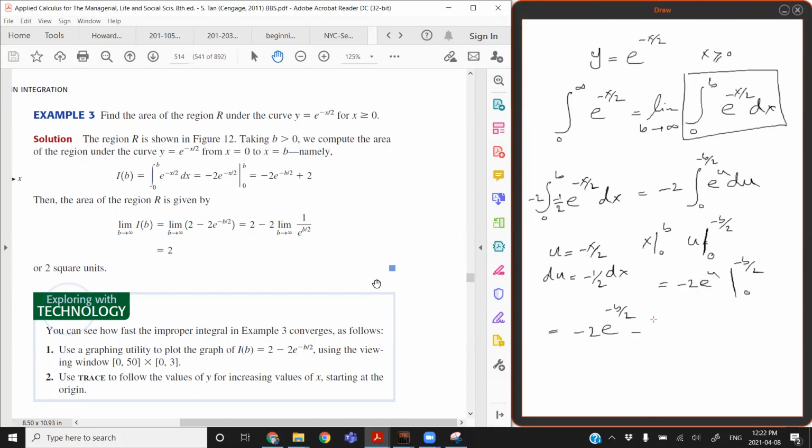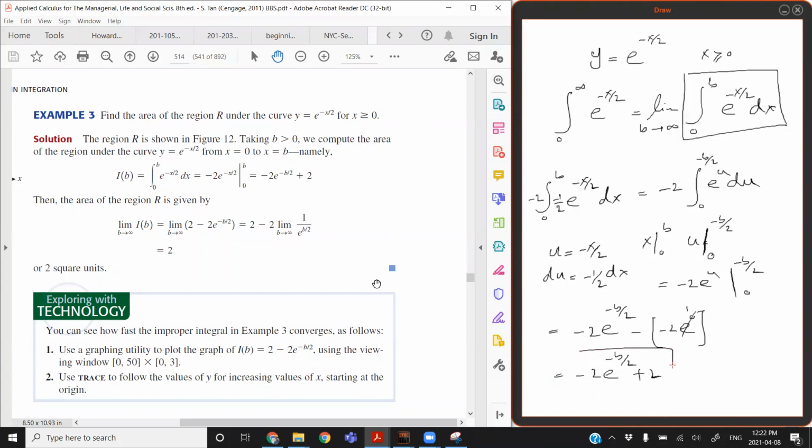Let me just write this completely. I get negative 2 e to the power of 0. So it's going to be negative 2 e to the power of negative b over 2. This is going to be just 2. Yes, because this is just 1, and negative, negative, positive, so plus 2.